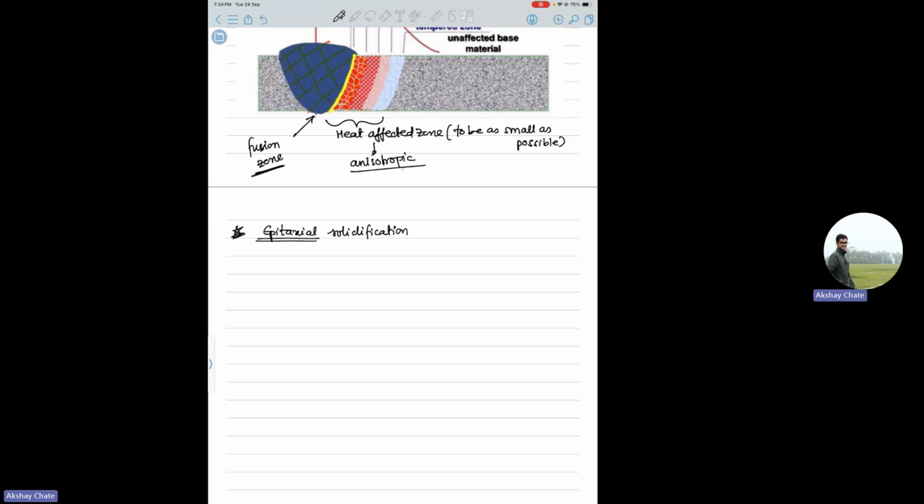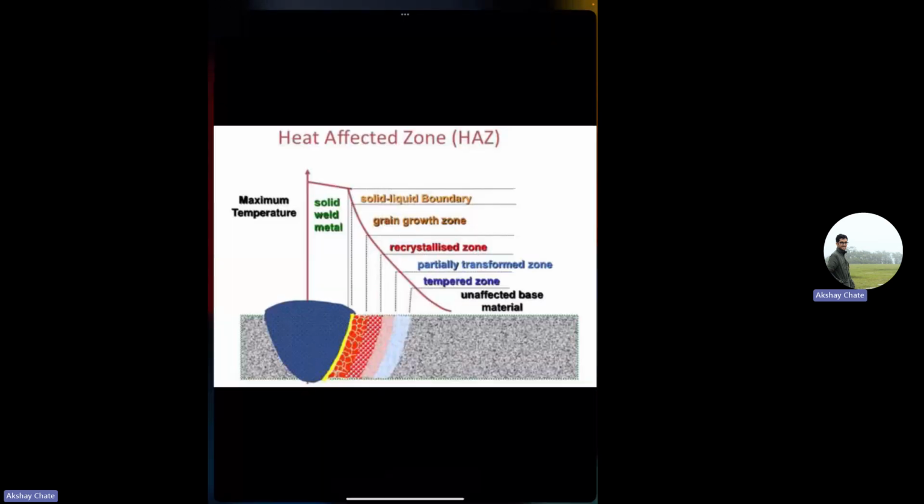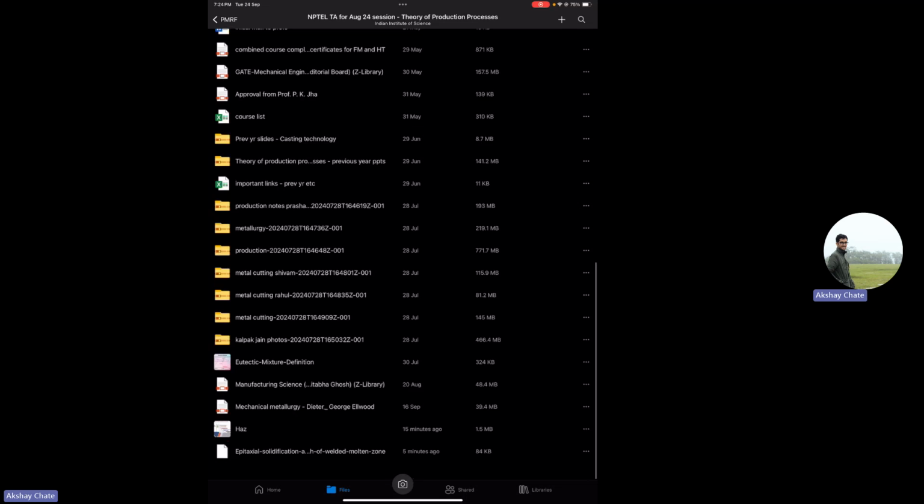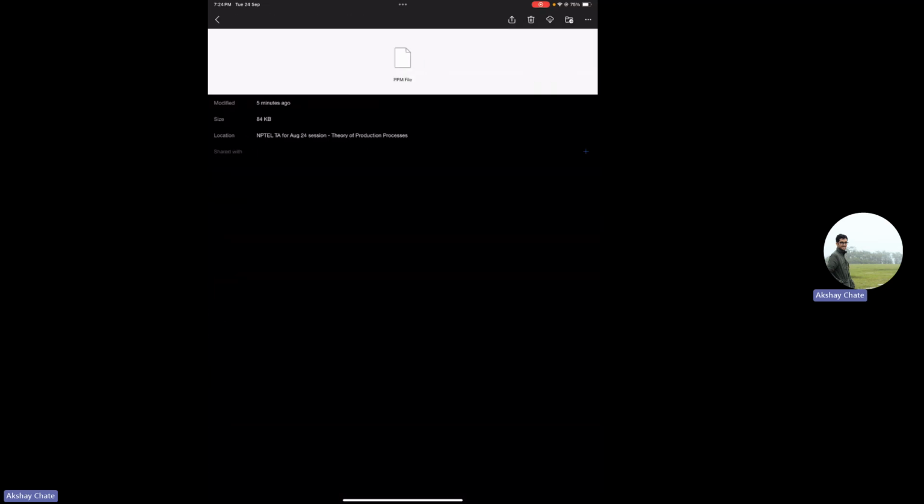Okay, so you can remember this word for your competitive exam. Oh, it is some ppm file.